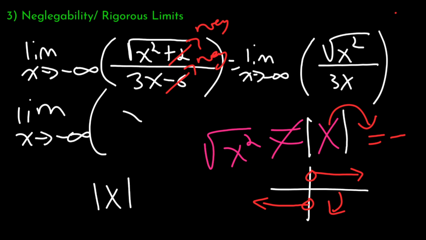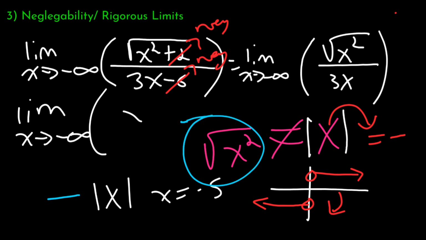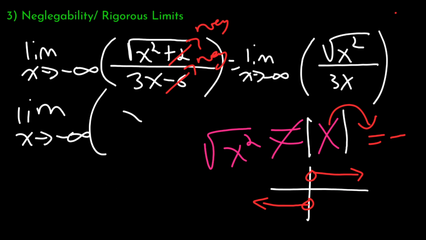So if x equals negative 5, it's not just going to equal 5 this time, because according to our piecewise function, we have to put a negative in front of this when we evaluate the square root of x squared. Same if it was positive. If this was a positive 5 right here, we're going to put a positive coefficient in front of this absolute value. So you have to remember that when you're taking the limits of a complex function like this.